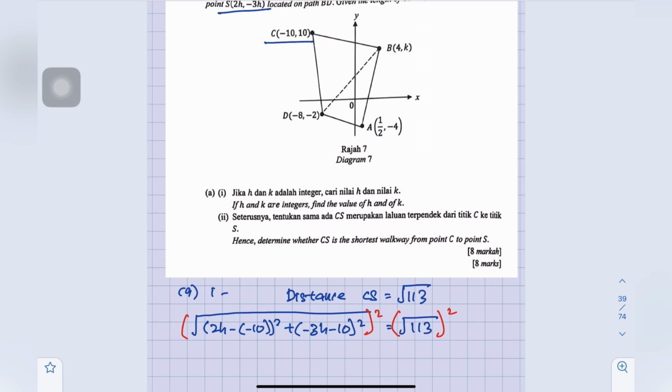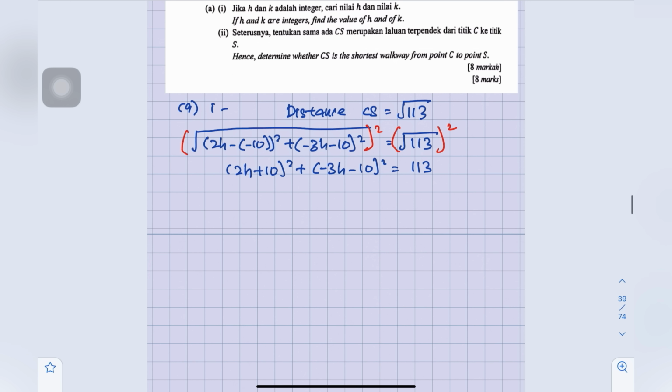Okay, so we simplify: (2H plus 10) squared plus (negative 3H minus 10) squared equals 113. Then we can expand: 4H squared plus 40H plus 100 plus 9H squared plus 60H plus 100 minus 113 equals 0.